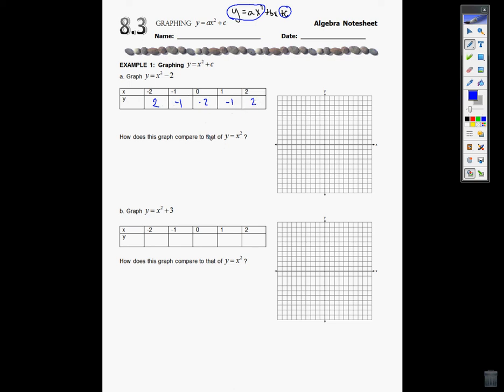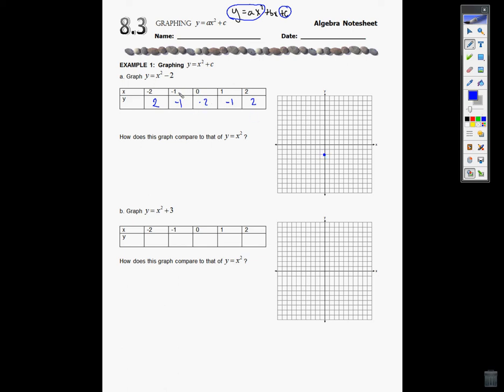The thing that's different, though, is that last time I was always seeing 0 in the center. When I just had the a term in front, it was making the graph wider or slimmer. But in this case, what's happening is this point in the center is shifting. It went down to negative 2, so 0, negative 2 is the point in the middle.